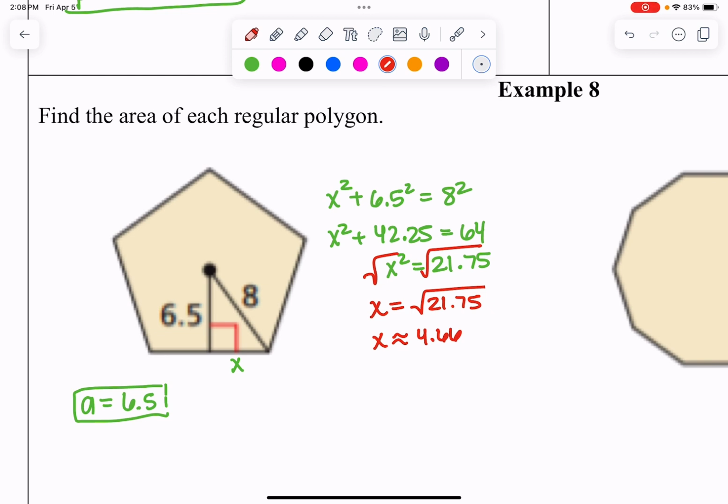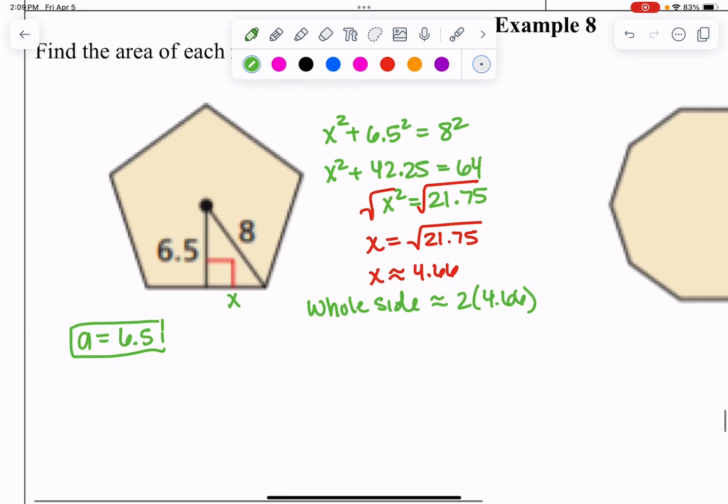Now that's half of a side. So if I want the whole side, I need to multiply that by 2. So times 2 is going to give me about 9.327, so 9.33.